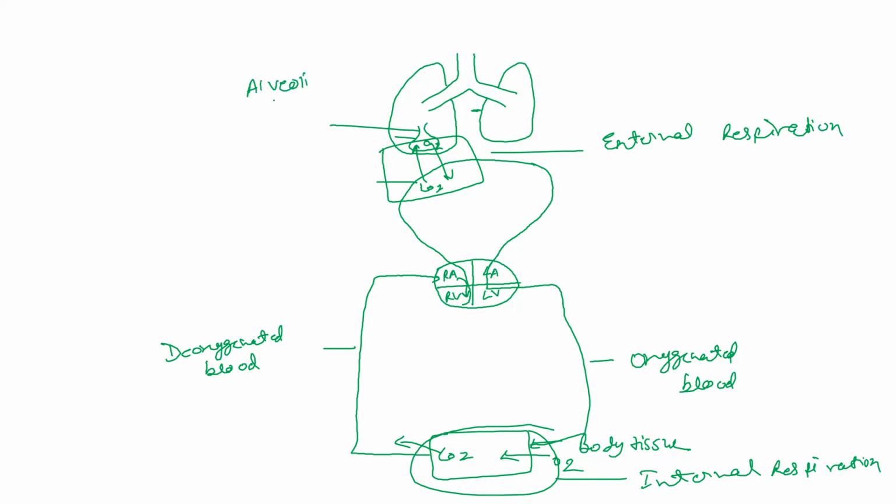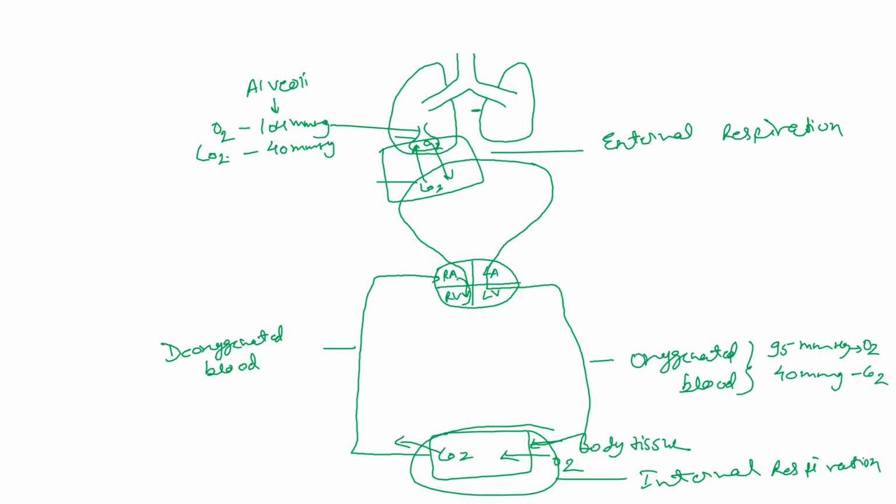So, the partial pressure of O2: in alveoli, O2 is 104 mmHg and CO2 is 40 mmHg, because CO2 is less in air in comparison to oxygen. Now in oxygenated blood, oxygen is 95 mmHg and carbon dioxide is 40 mmHg.